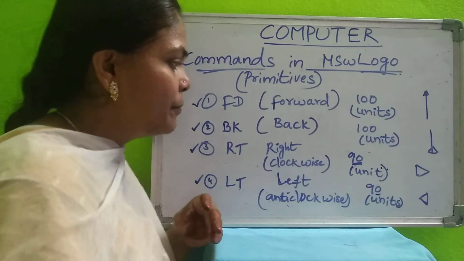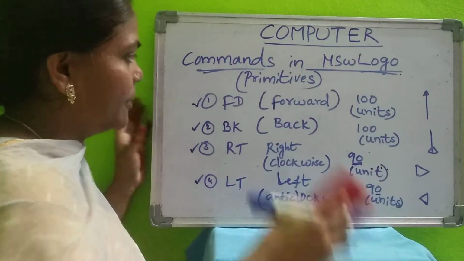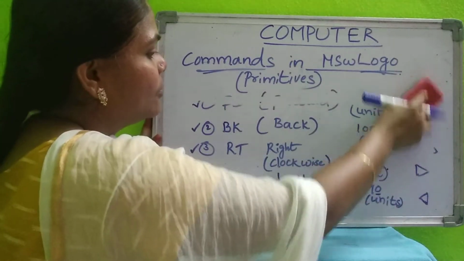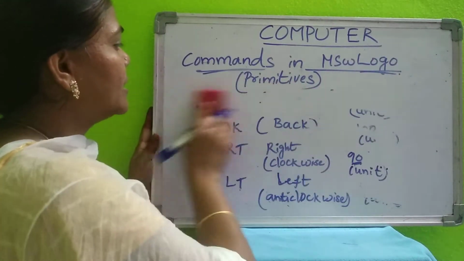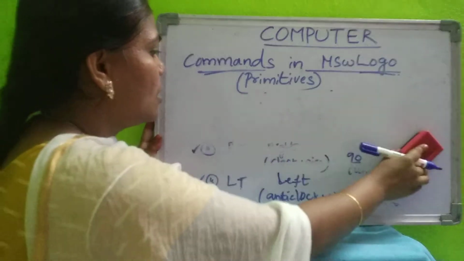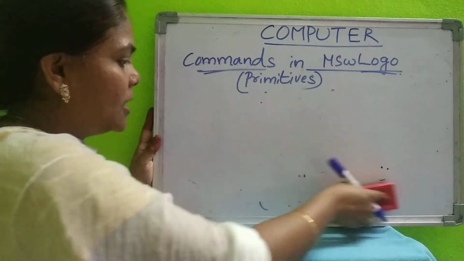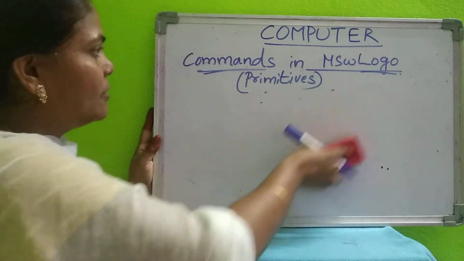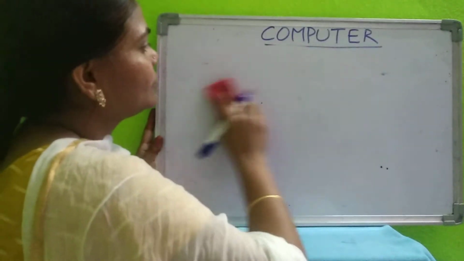Whatever you mention, in that direction the turtle will be rotated. These are the 4 commands we have to learn in this lesson. Next, now we will see how to draw a square and a rectangle using these FD and RT commands. First, we will learn to draw a square.